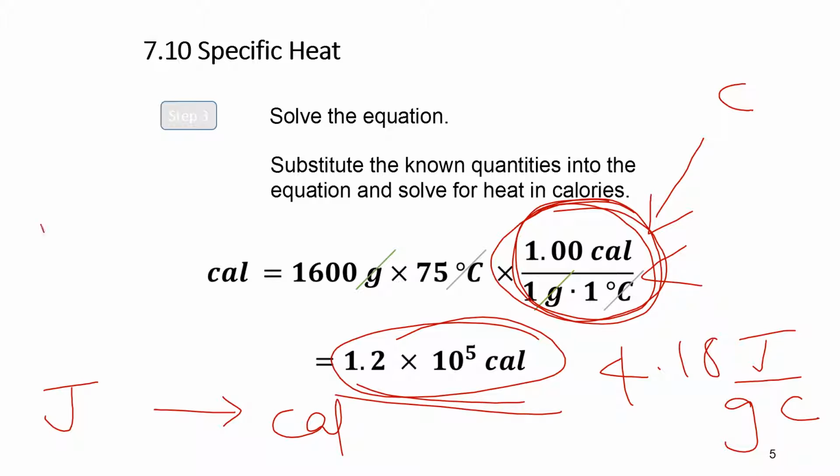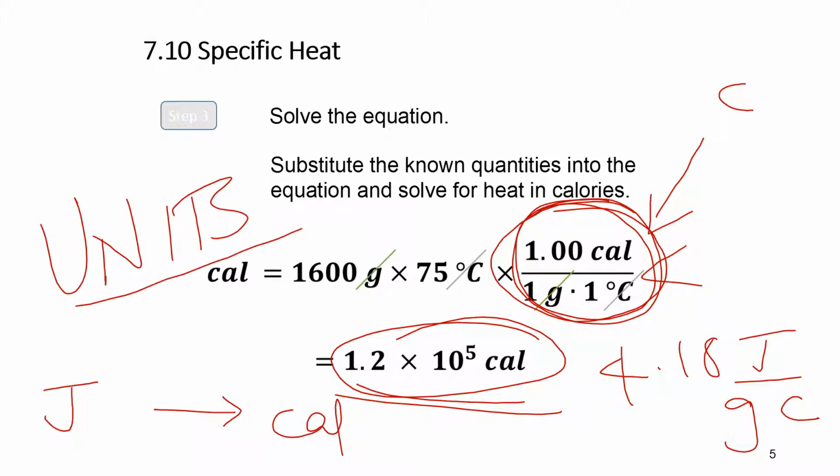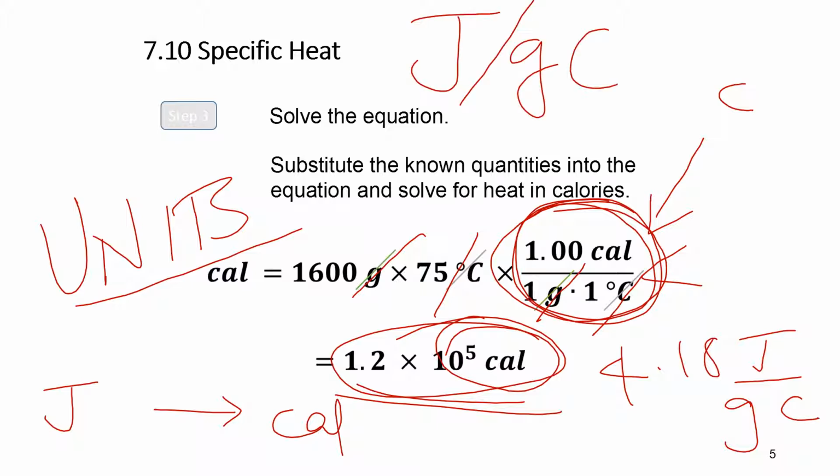So the moral of the story is really pay attention to units, because in this case what you're getting is calories, and that was what they were asking in the question. But you could have gone with the joule per gram Celsius unit for the specific heat, gotten the answer in joules like we did.